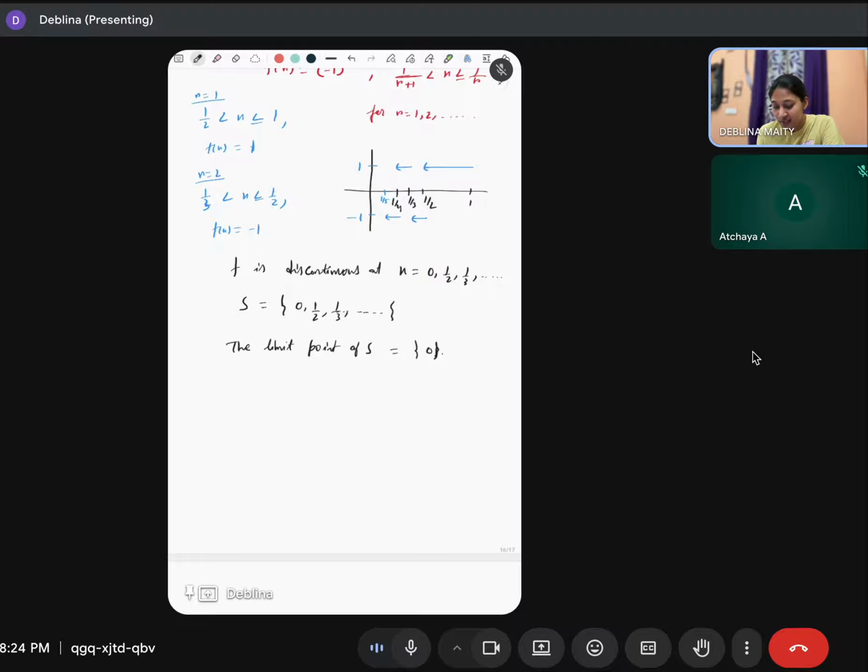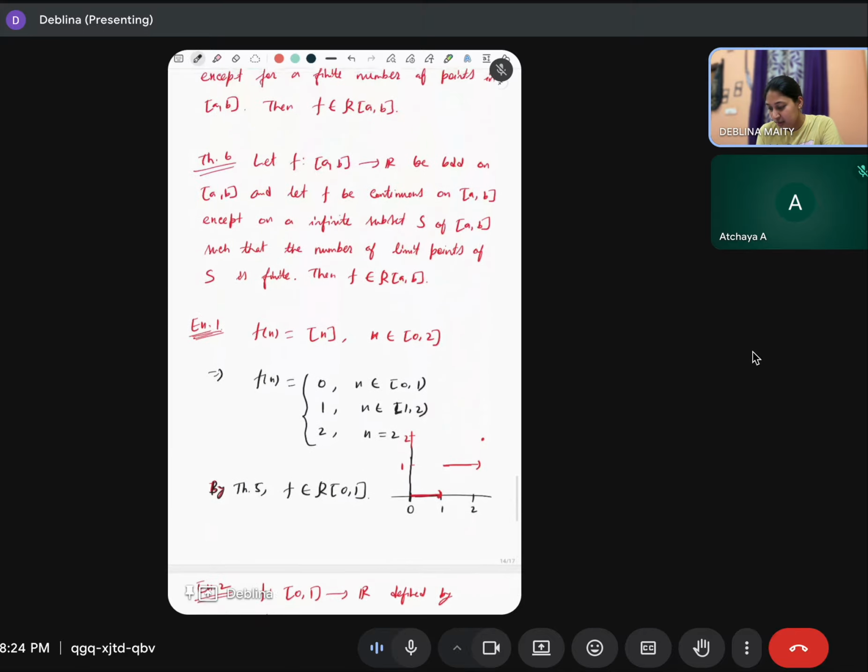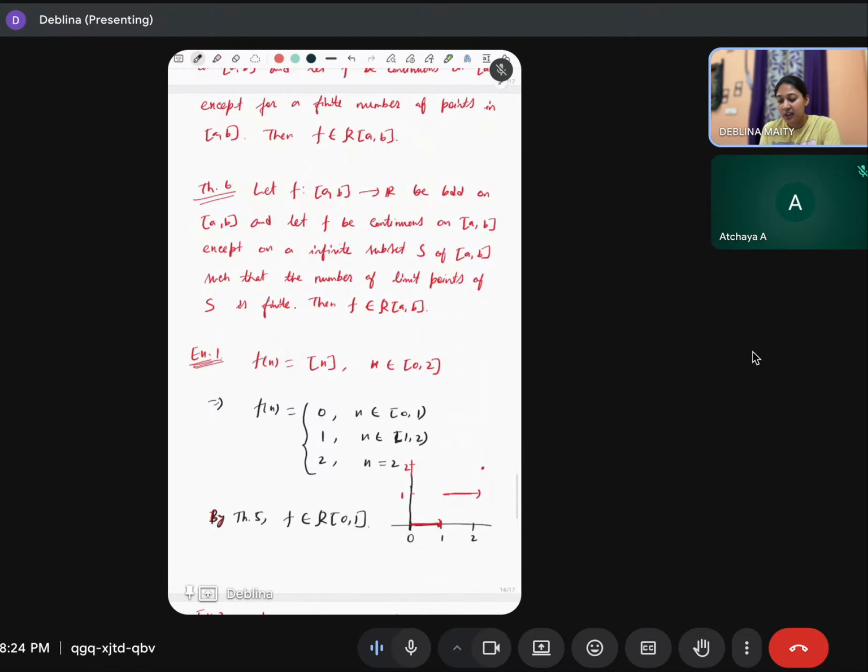Now for this set the limit point is 0, and theorem 6 says if f is discontinuous on an infinite number of points of S, and the set of limit points of S is finite, then f is Riemann integrable, right?